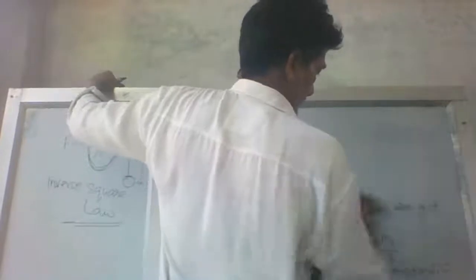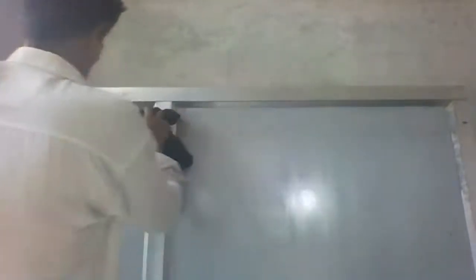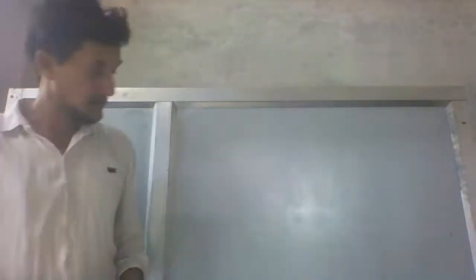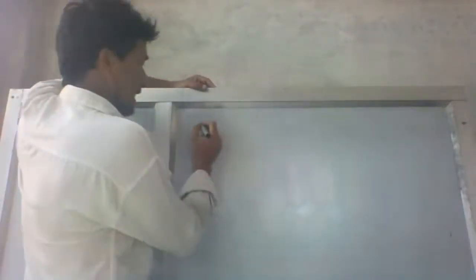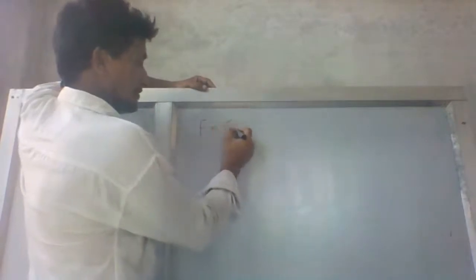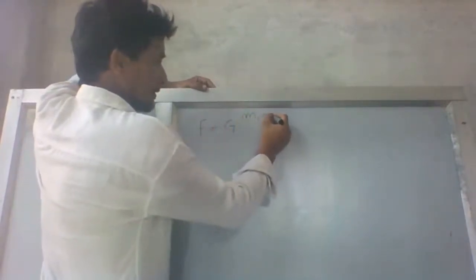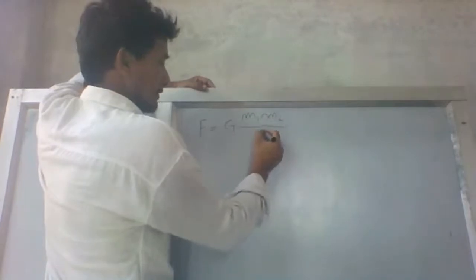Then what happens in this law of gravitation? I just told you the formula F is equal to G M1 M2 upon R square.